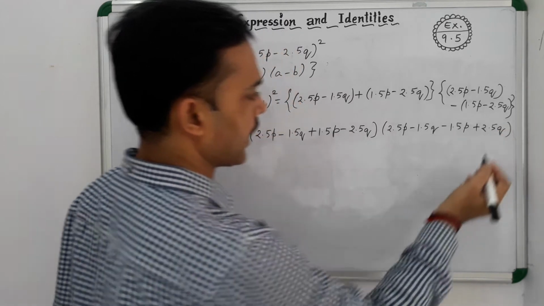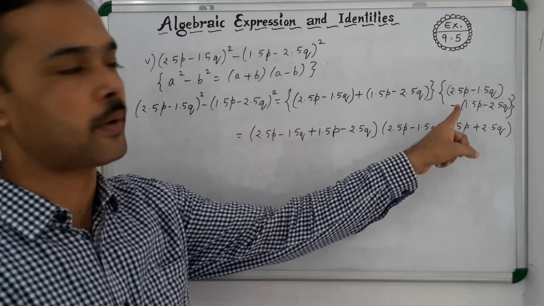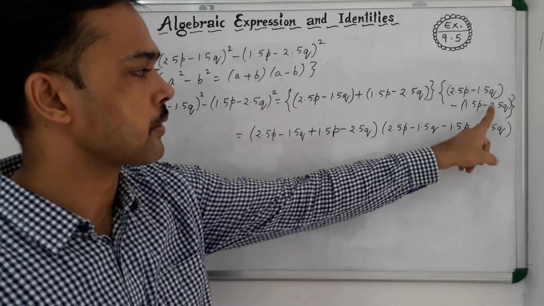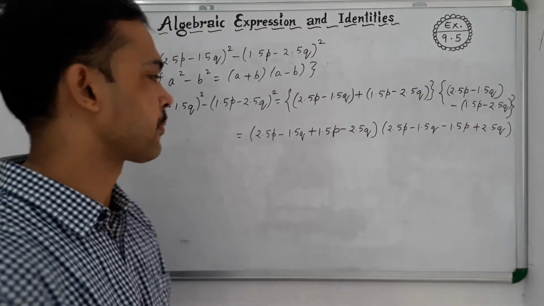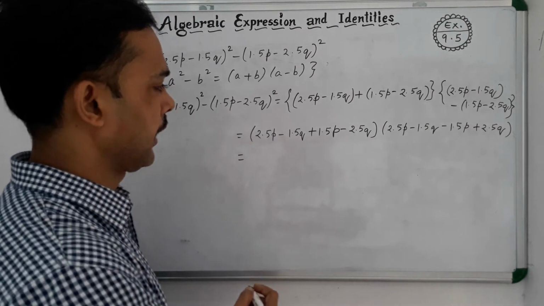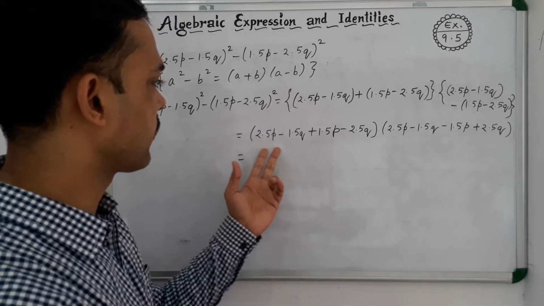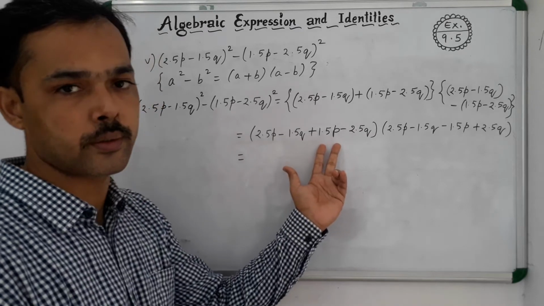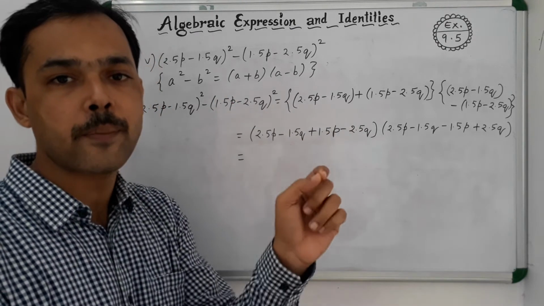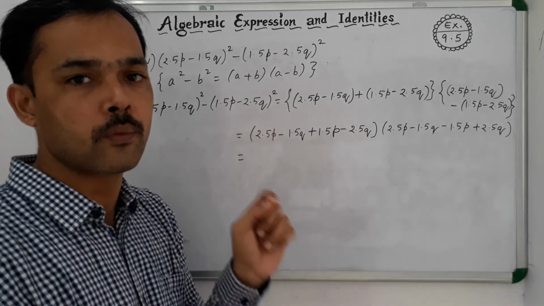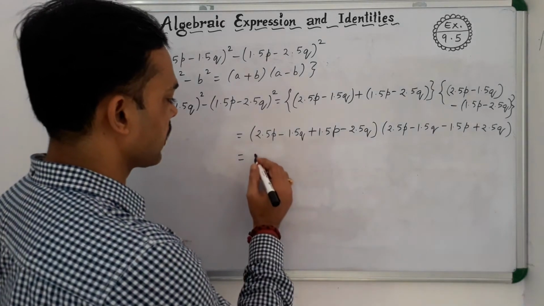Why I have changed the sign? Because outside it is minus sign, so plus became minus and minus became plus. Now if you see 2.5p, where is this like term? It is over here. 2.5 plus 1.5 will be what? It will be 4p.